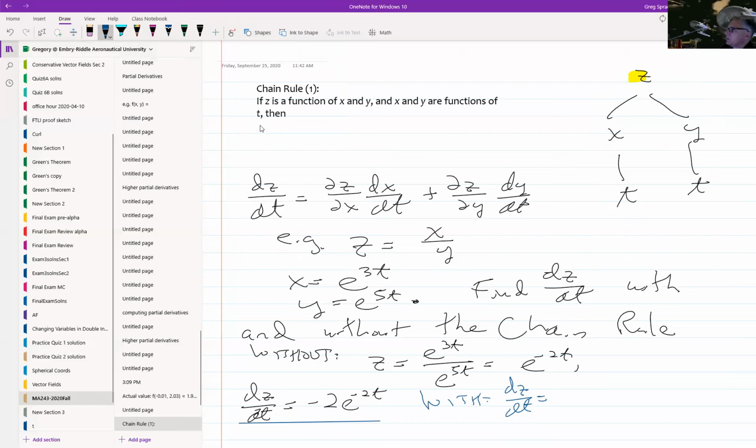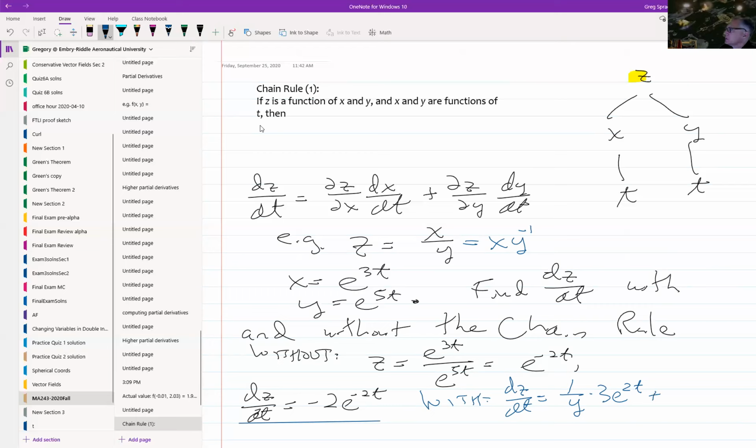So del z del x, z is 1 over y. Del x del t is 3e to the 3t. To find dz dy, I'm not going to use the chain rule, I mean the quotient rule. Instead, I'll write z as x y to the minus 1.